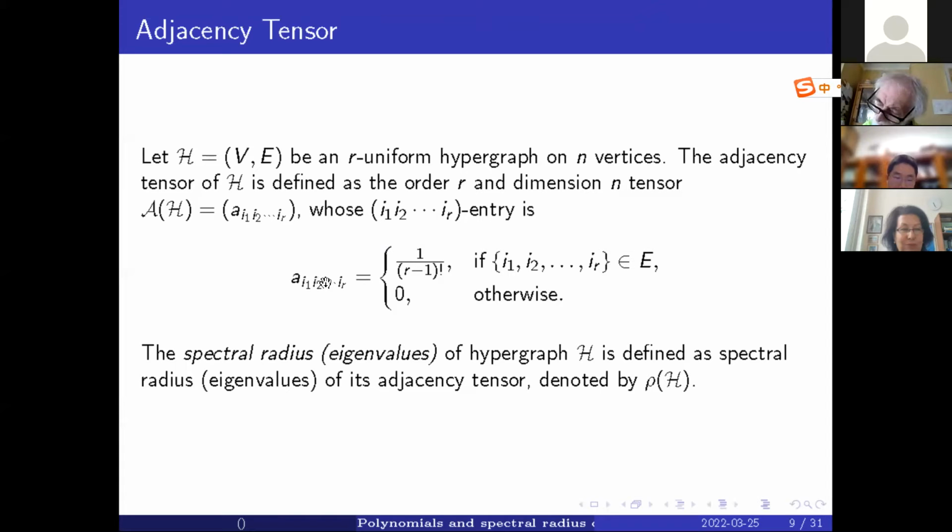If the subscripts form an edge, the entry is equal to 1 over (r minus 1) factorial. Otherwise, it is 0. The spectral radius or eigenvalues of hypergraph H are defined as the spectral radius or eigenvalues of its adjacency tensor. In this talk, the spectral radius of H is denoted by rho of H.